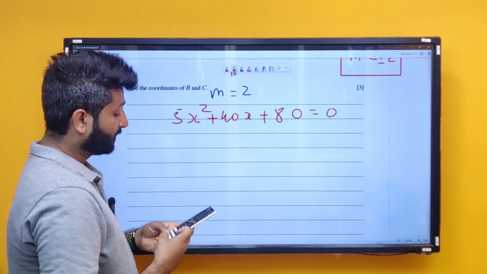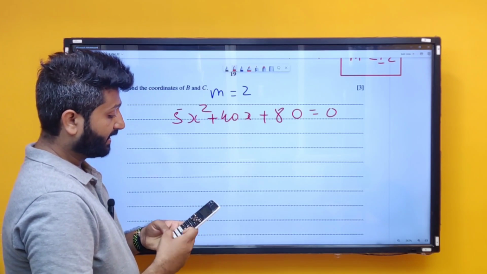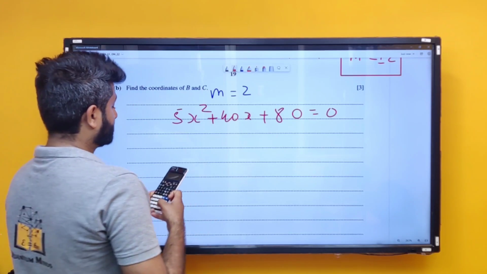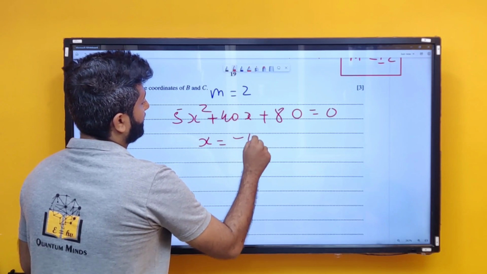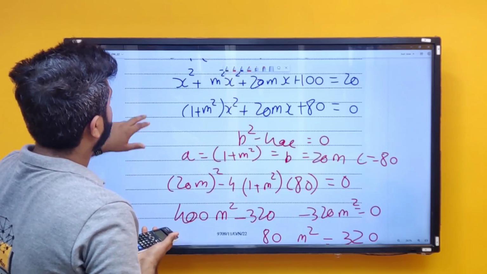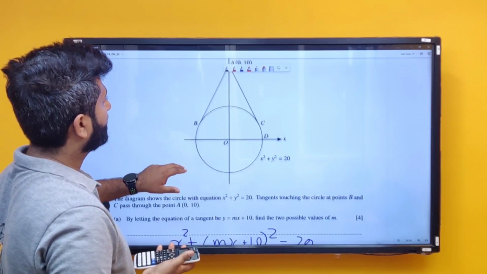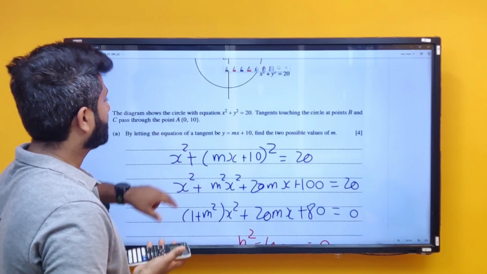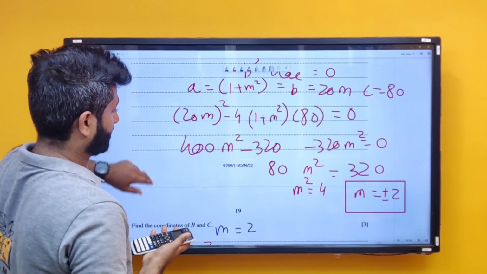Let me factorize this in my calculator. This is a polynomial equation of degree 2. We have 5, 40 and 80. So the answer is minus 4, so x is minus 4. When x is minus 4, let me substitute the value into y equals 2x plus 10.